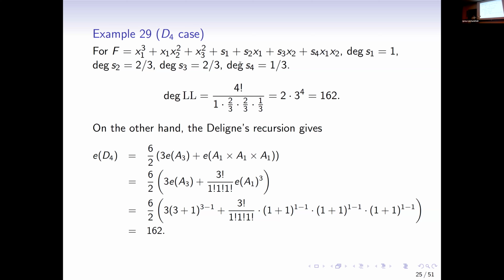And if we remove the central vertex, we get A1 cross A1 cross A1. Because this is just a direct product, the reflections commute, so we can exchange the order. So we have this symmetric factor, and by the assumption of induction, we get these.